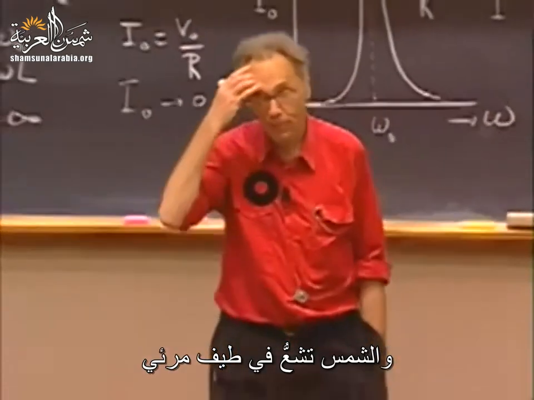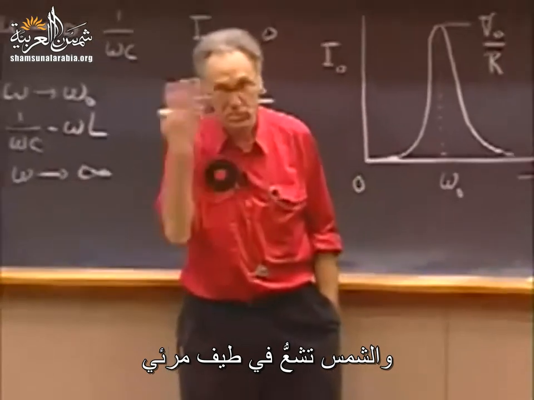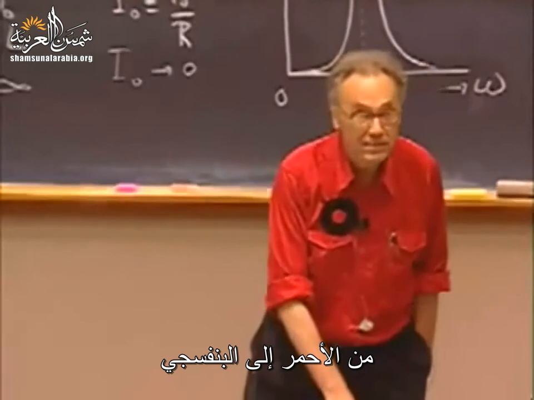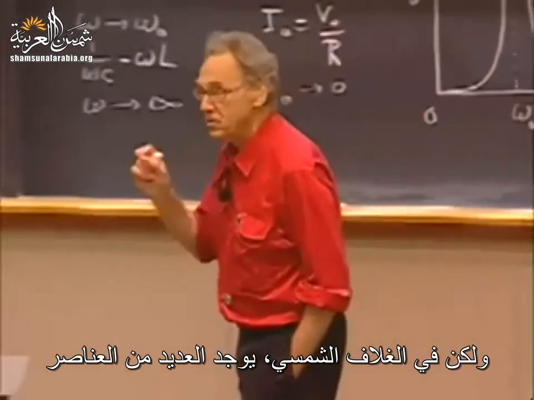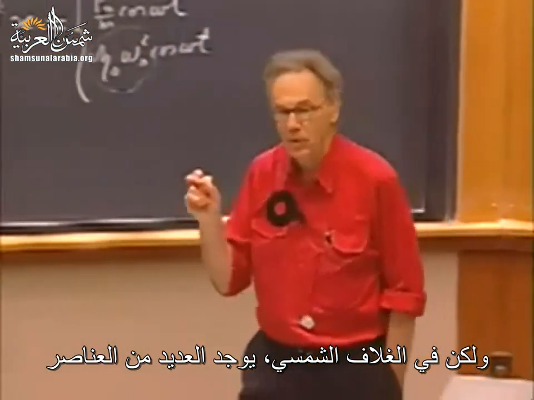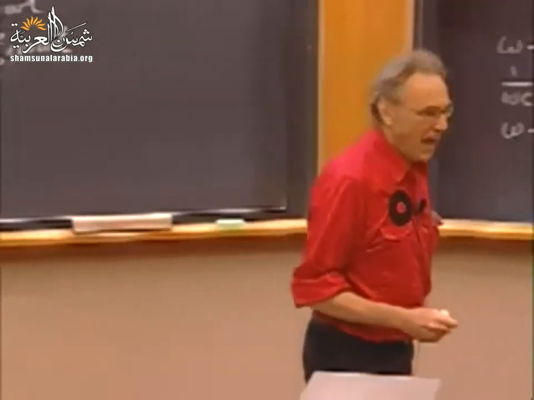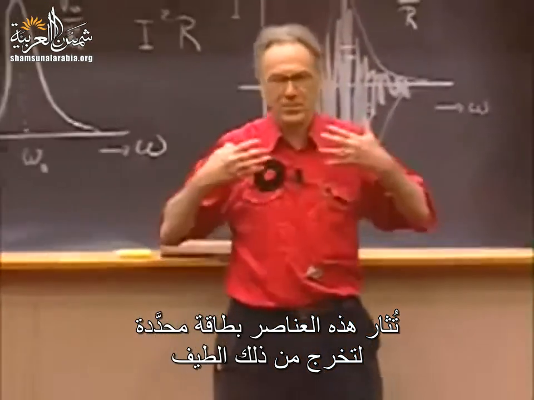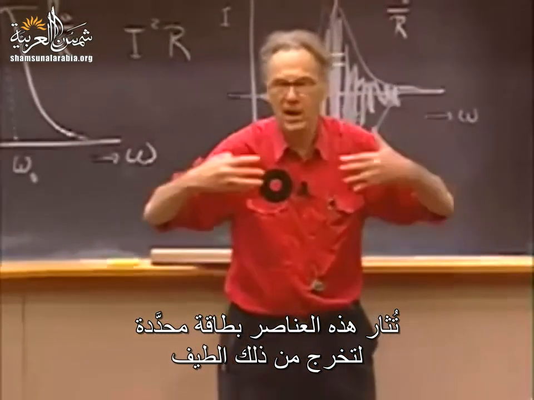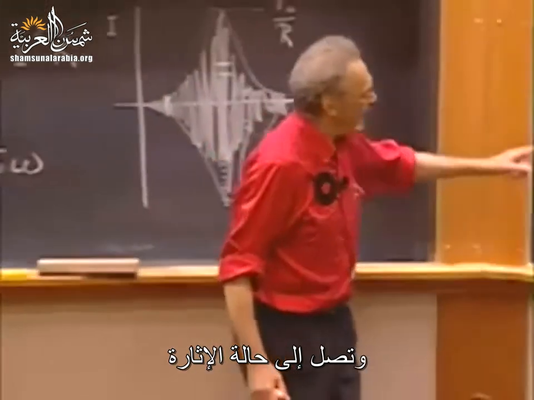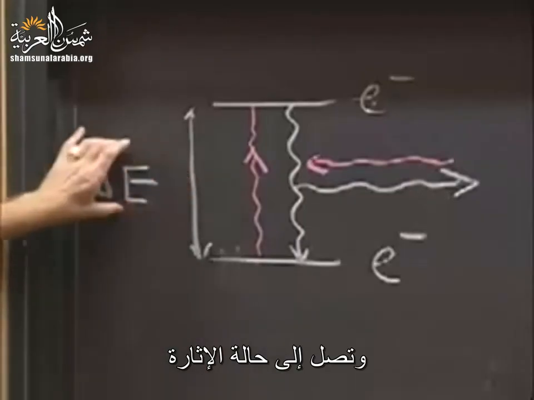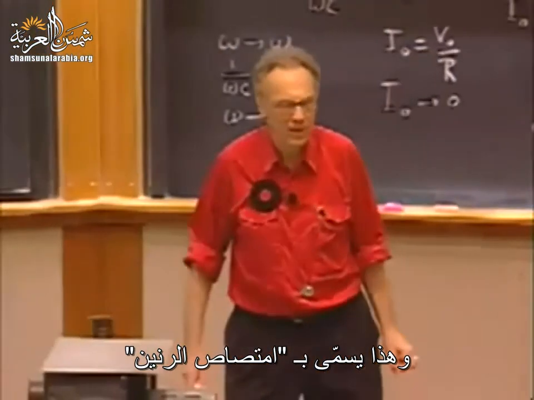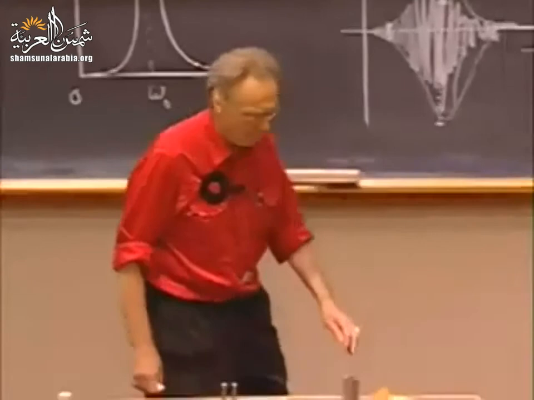Let's go to the sun. The sun radiates in the visible spectrum all the way from the red to the violet. But in the solar atmosphere are elements. And when these elements see just the right energy from that spectrum to which they are exposed, they love to take out of that spectrum just the right energy that gets them into an excited state, which is called resonance absorption.